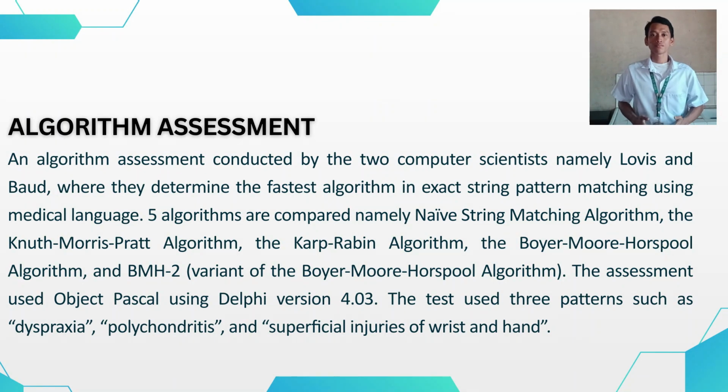An algorithm assessment was conducted by two computer scientists, namely Lovis and Bod, where they determined the fastest algorithm in exact string pattern matching using medical language. Five algorithms were compared, namely the naive string matching algorithm, the Knuth-Morris-Pratt algorithm, the Karp-Rabin algorithm, the Boyer-Moore-Horspool algorithm, and BMH2, a variant of the Boyer-Moore-Horspool algorithm.